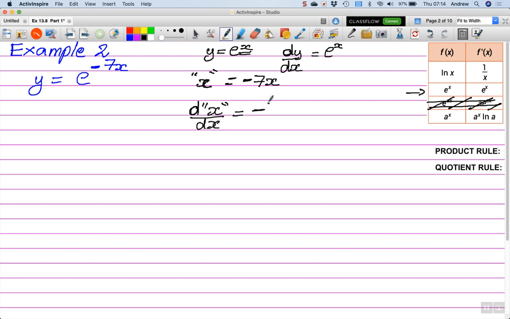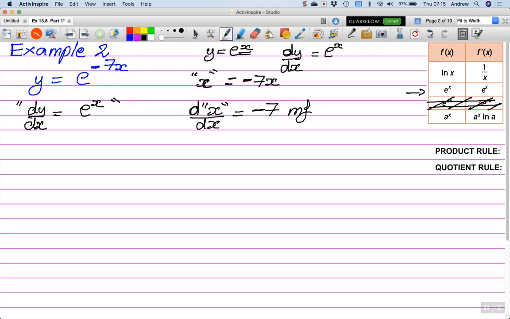The differential of this is minus 7, and this becomes the multiplying factor. So we're going to be using the formula dy dx is equal to e to the x.